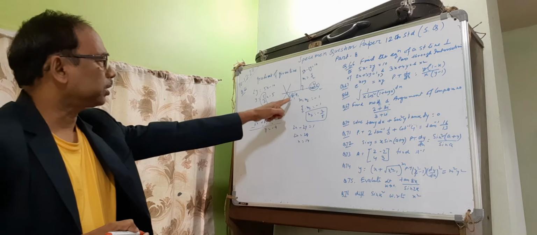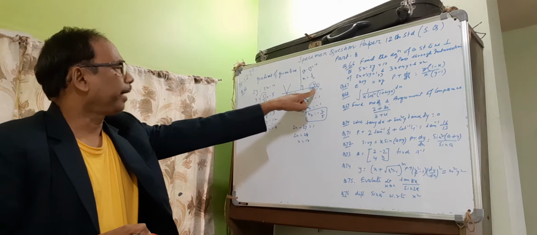Now the equation of the line passing through the point 14, minus 9, and with this gradient.